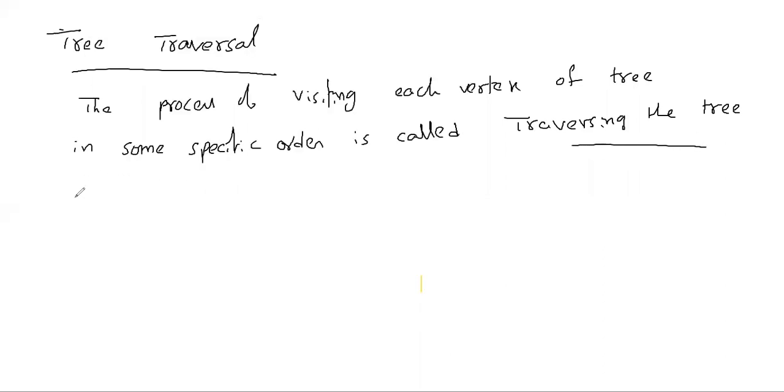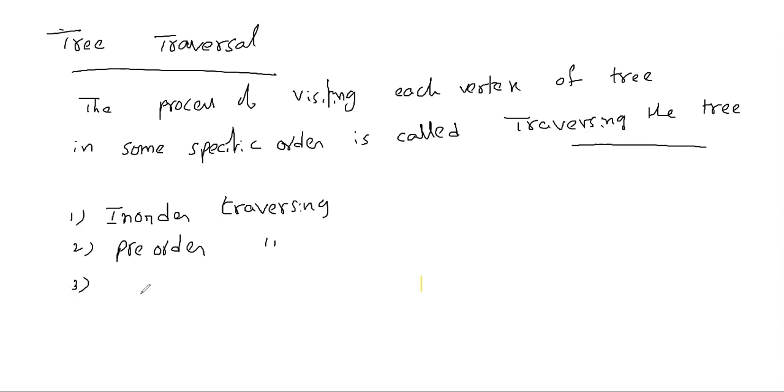There are three types of specific orders. What are the three types? First one is in-order traversing. Second is pre-order traversing.